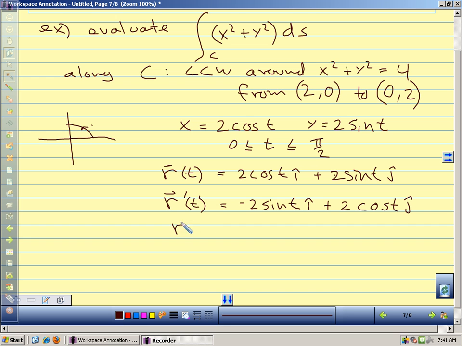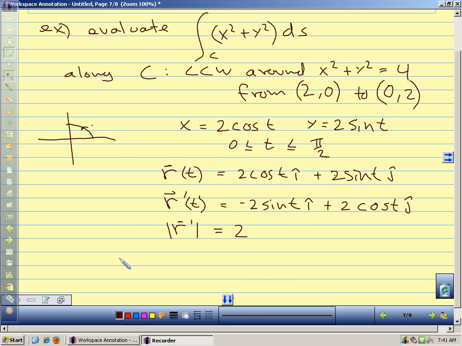The magnitude of r prime is just 2. And now we represent our function in terms of our parameterization. So x squared plus y squared in terms of our parameterization of our path is what? On our path, x squared plus y squared equals 4.